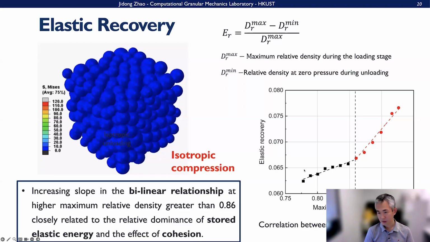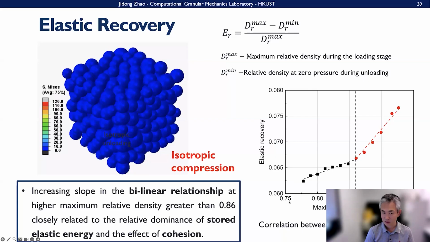Those are the curves that we observed here. Okay, the elastic recovery is observed to increase with the maximum relative density, but there's a bending point: at a certain maximum relative density, below that the slope is relatively small, and after that we observe a higher slope.